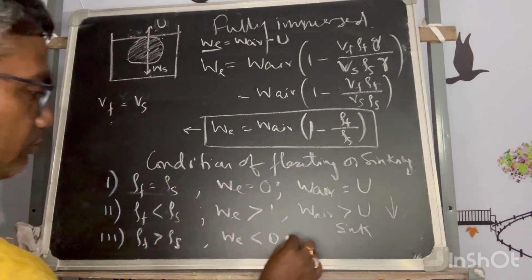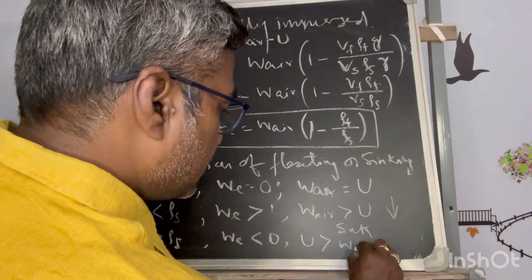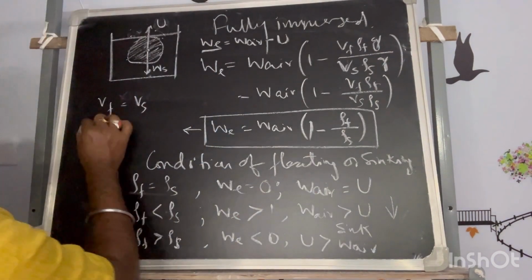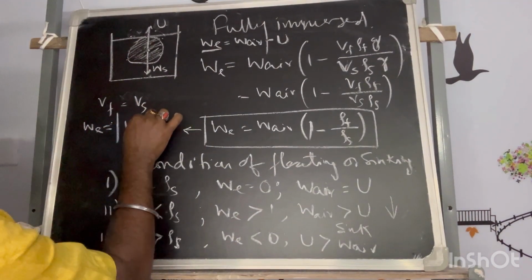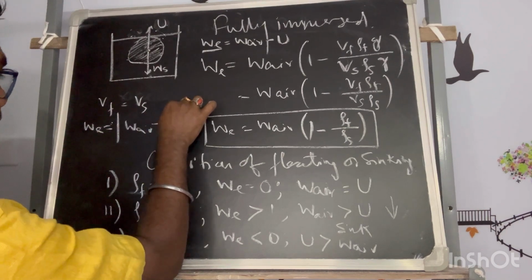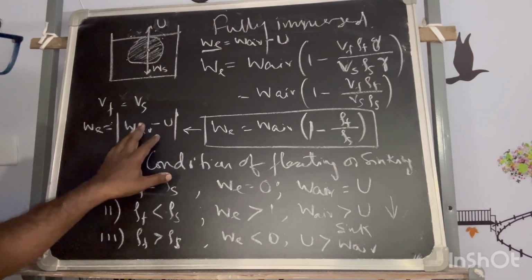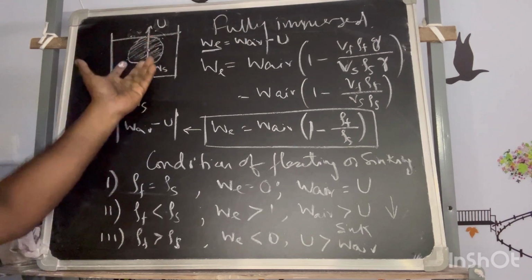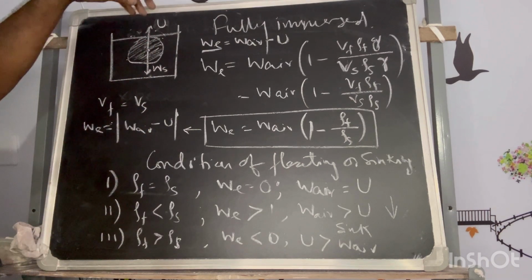That means what is happening here is U is more than W. The effective weight is the mod value of W air minus U. There could be a possibility that the upthrust is more than the weight of the body, and then it will not allow it to come down.